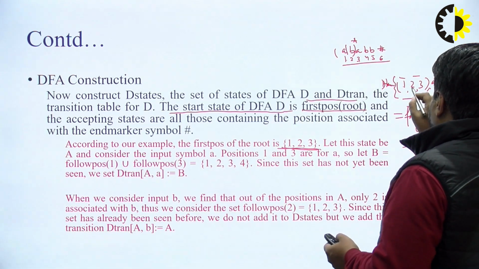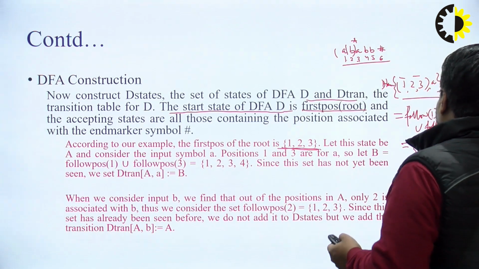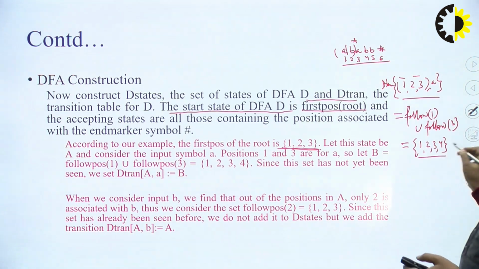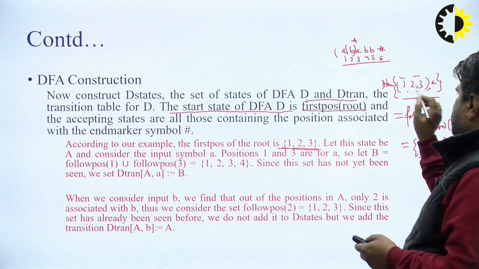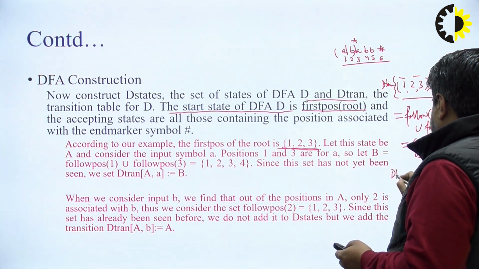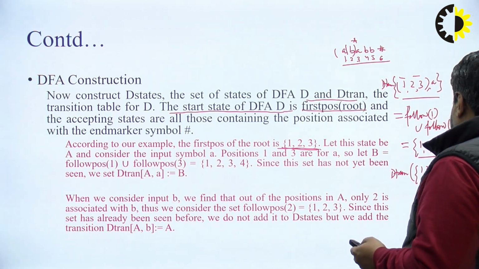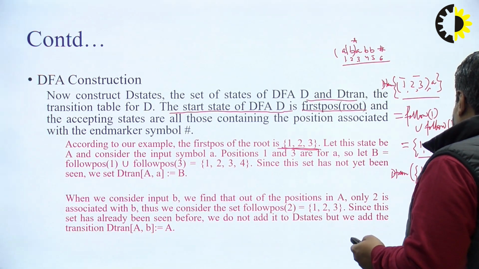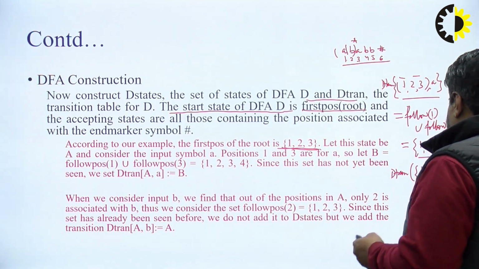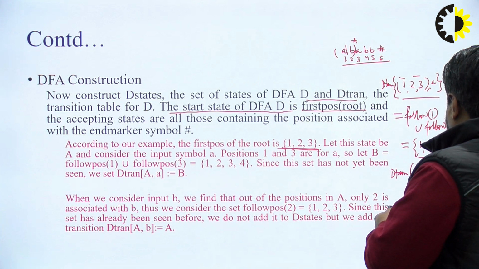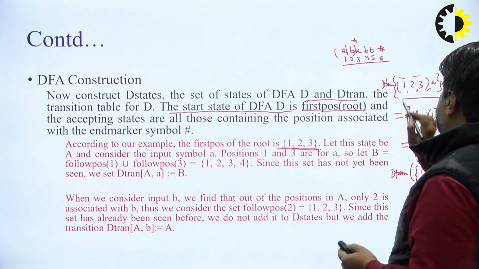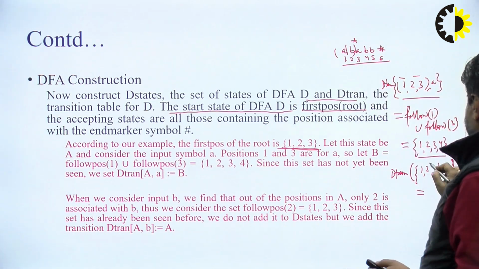So at the starting state 1, 2, 3, it moves on A to 1, 2, 3, 4. Similarly for B, you can say Dtran of 1, 2, 3 and B. What will be the value? At which position is B available? It is 2.